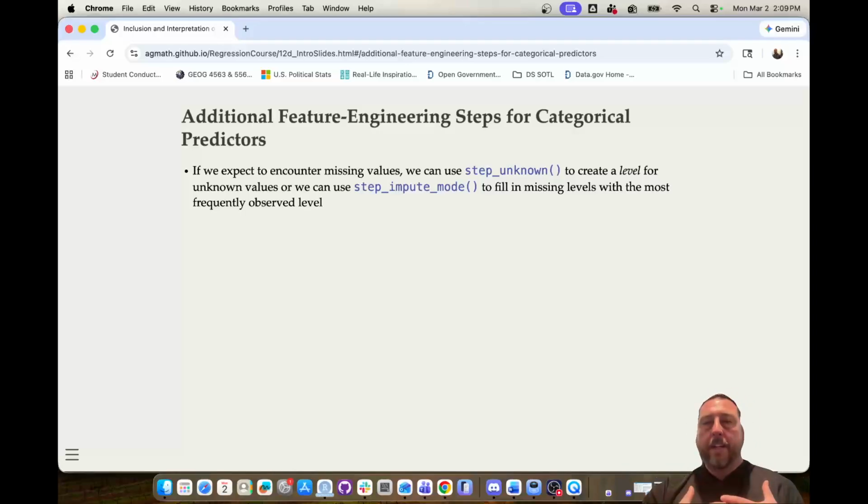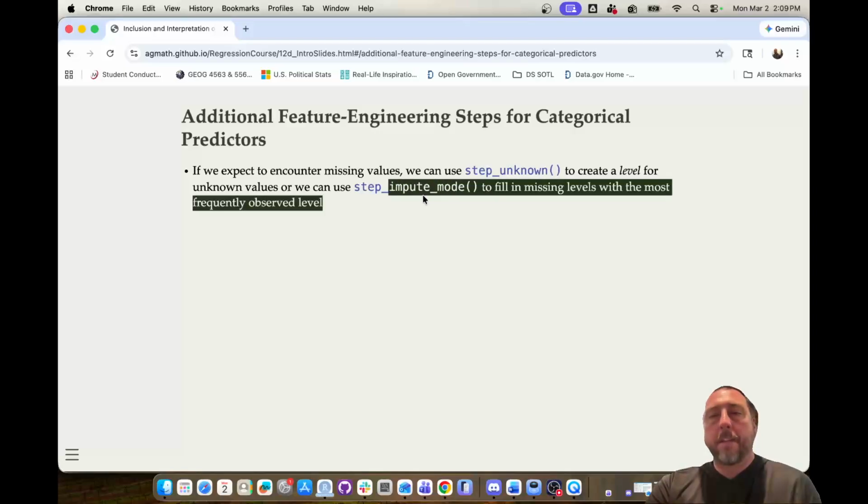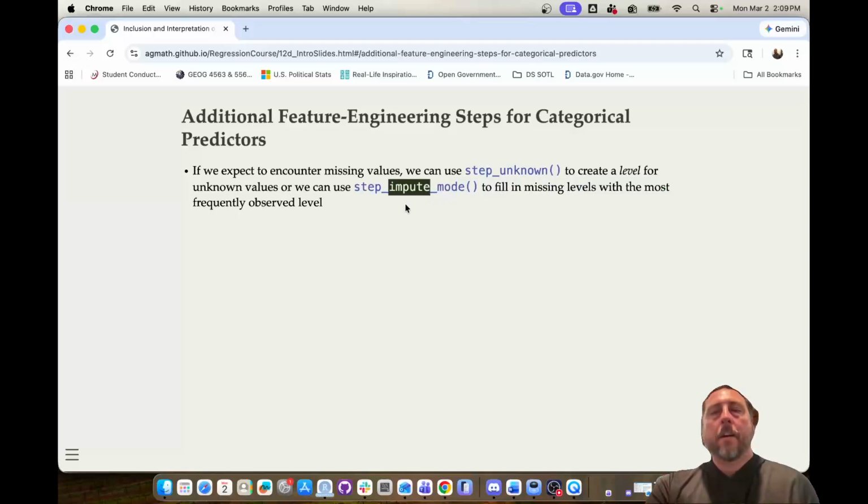So we saw step unknown. Step unknown will create a level for unknown values. If we expect to encounter missing values, there are a bunch of functions from this impute class. These impute feature engineering functions will allow us to take a best guess at what a missing value is. There are lots and lots of different strategies available to us.